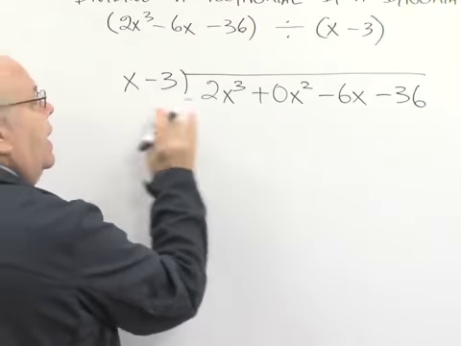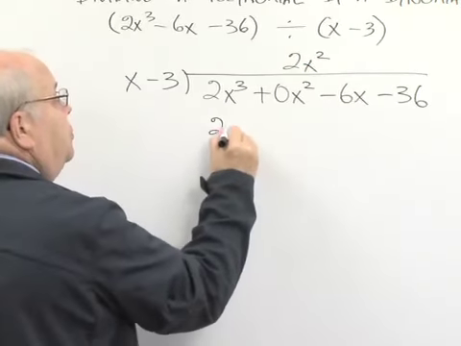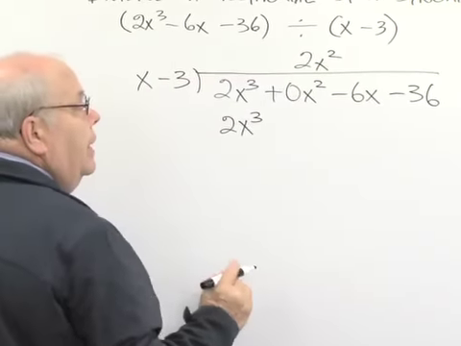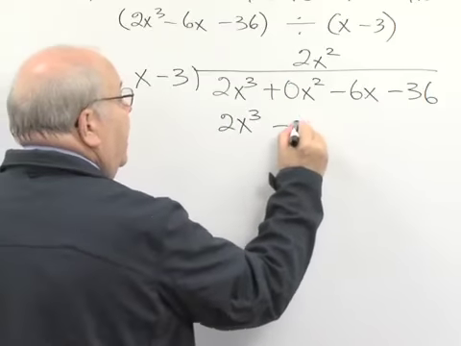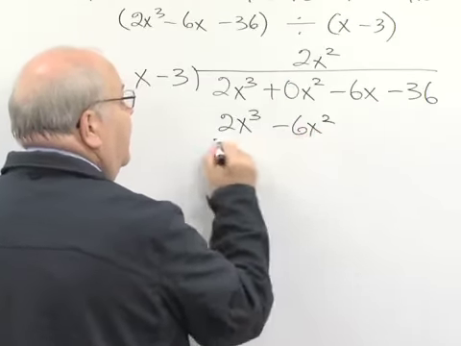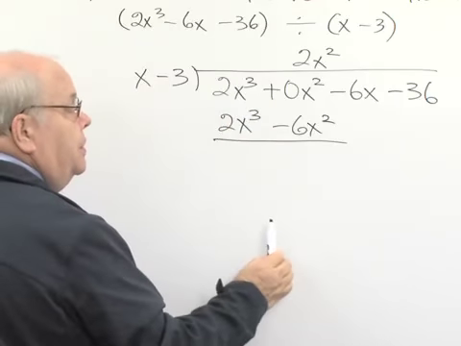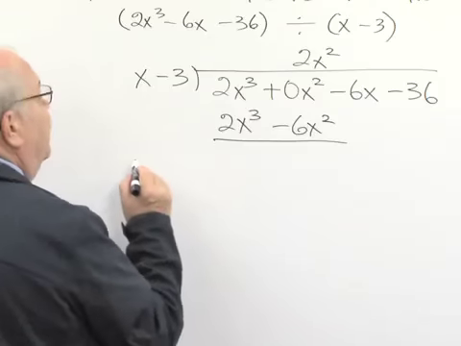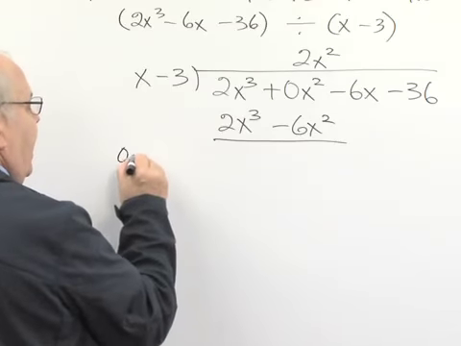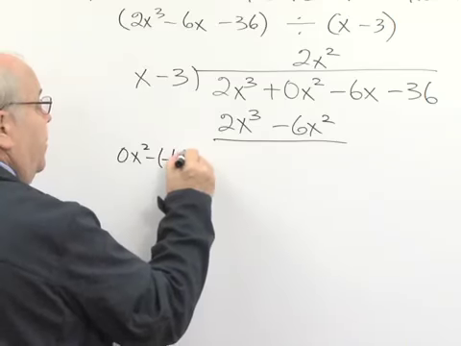We know that x times 2x squared would be 2x cubed. Now, 2x squared times minus 3 would be minus 6x squared. Now, it's easy to subtract: 2x cubed minus 2x cubed is 0, but it's not quite so obvious what happens if you start with 0x squared and you subtract minus 6x squared.